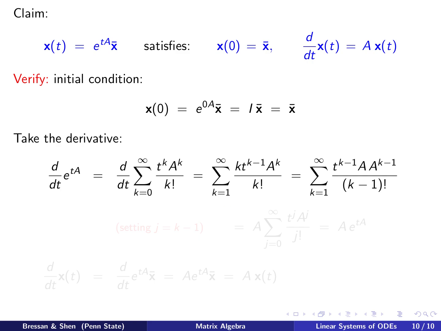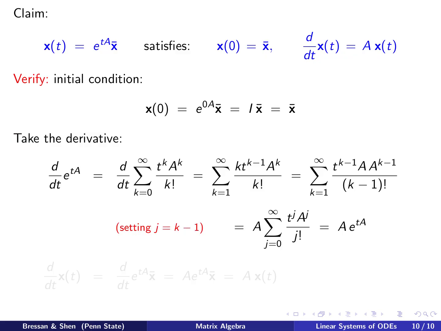Now we can simplify a little bit more. We see that I have a k on the top here. I have k factorial, which is just k times k minus 1 times k minus 2, and so on and so forth. So there is a k that will cancel the first k, and I will just get k minus 1 factorial. Then I copy the t to the k minus 1 here, and then I will write A to the k as A times A to the k minus 1. So I express this in a different way.